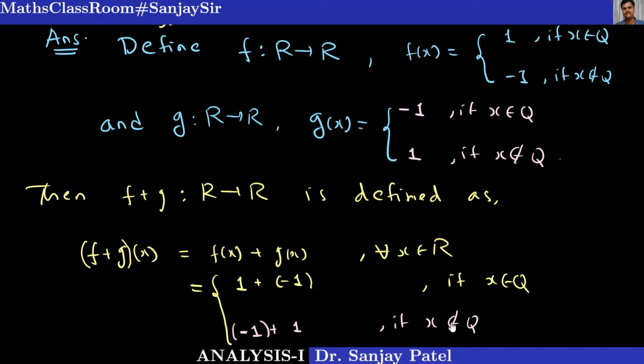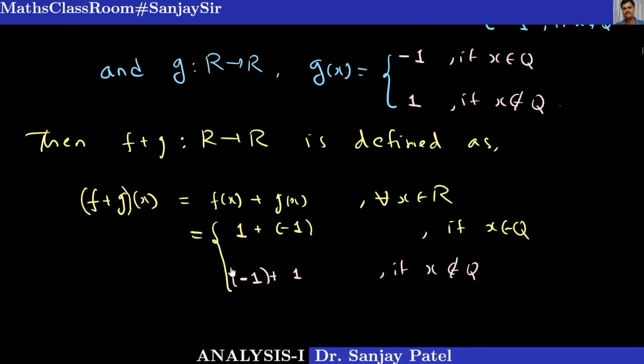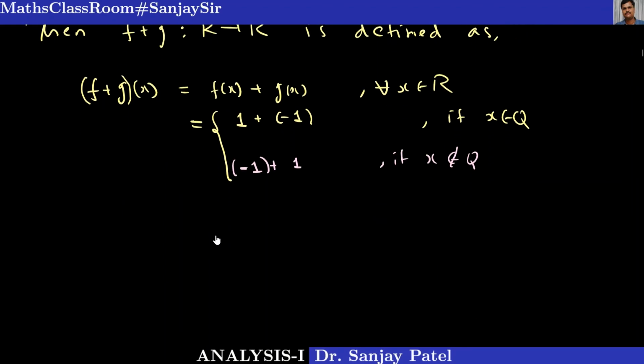So what is your conclusion? Clear? In any case, whether x is rational or irrational, the sum of f(x) and g(x) is going to be 0. Note that this thing is 0, and this thing is also 0.